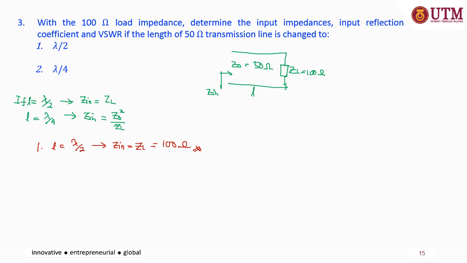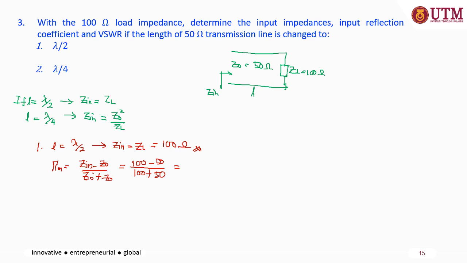Next, the input reflection coefficient. Again, Zin minus Z0 divided by Zin plus Z0. So your Zin equal to ZL equal to 100 minus your Z0 is 50, divided by 100 plus 50.